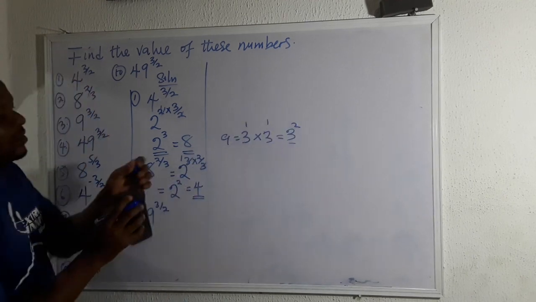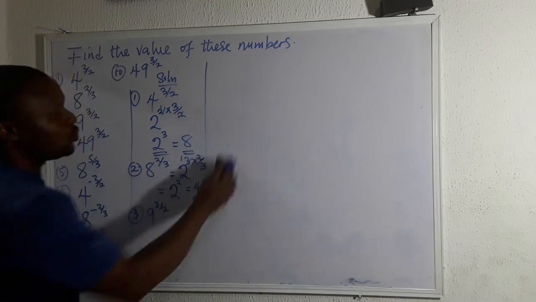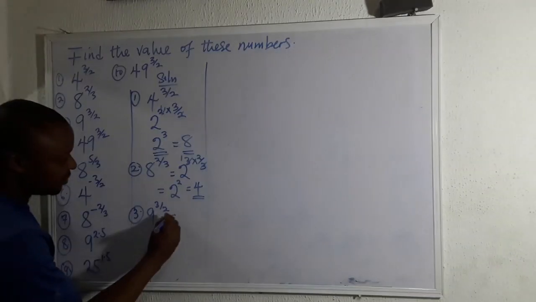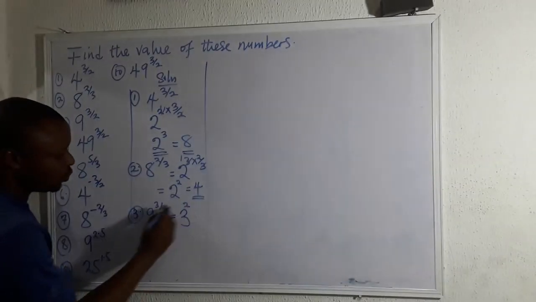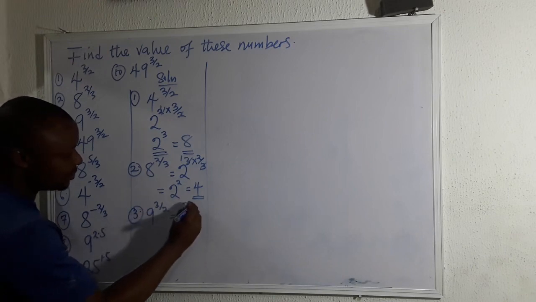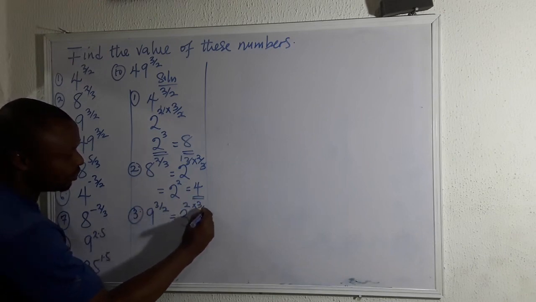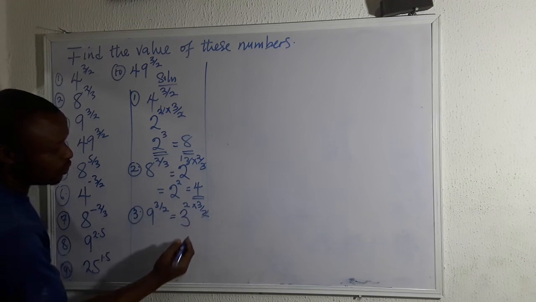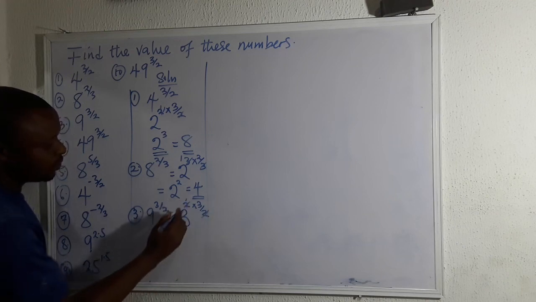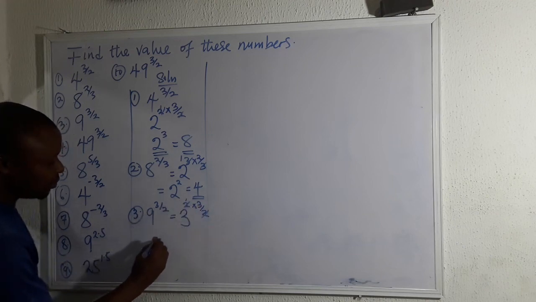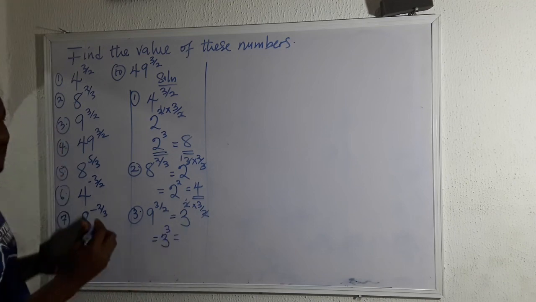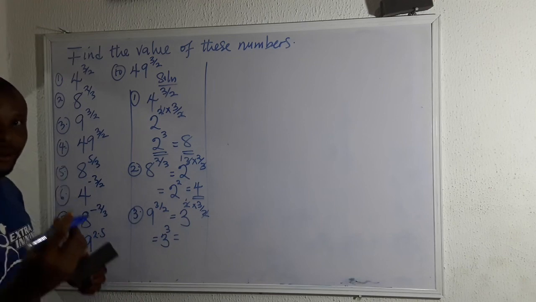So 9 is the same as 3 raised to power 2. We'll write this as 3 raised to power 2 times 3 over 2. So 2 going into 2 is 1, and 1 times 3 is 3. So this is pretty much 3 raised to power 3. And 3 raised to power 3 is 3 times 3, 9 times 3, which is 27.